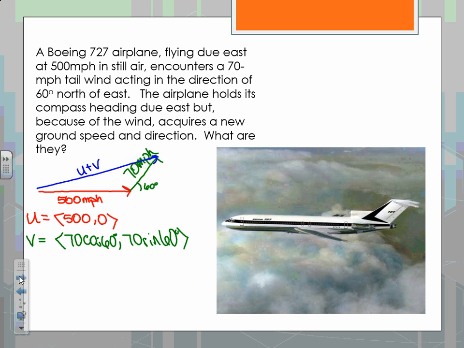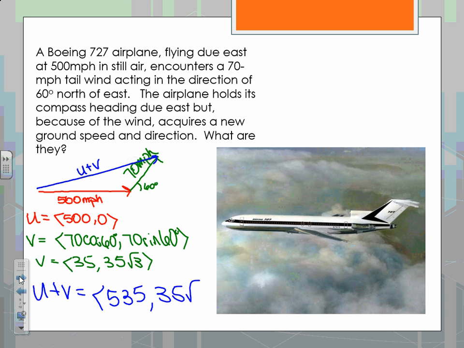We don't need calculators. We have 35 and 35 radical 3. So vector u plus v would be 535, comma, 35 radical 3.